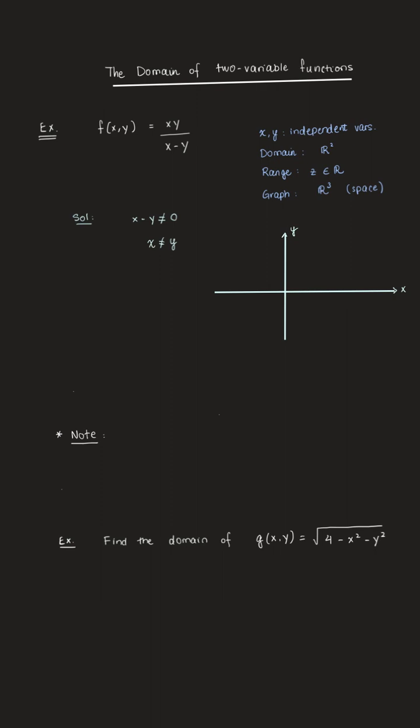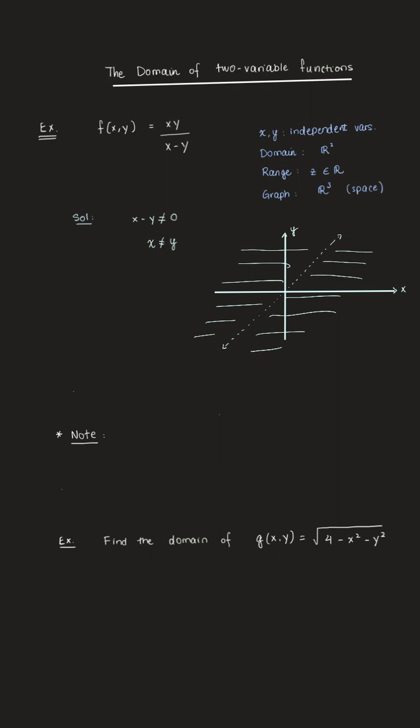So the place where x and y equal each other is the line y equals x that cuts diagonally through the origin and has a slope of 1. So any points on that line will not give us a real output. So we can shade any other part of the plane, right? If I shade every other part of this plane, all of these points are valid points for our domain, but we have to exclude the points along that line.